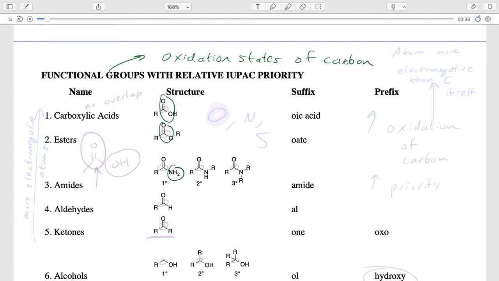And some people have asked, what determines the priority of the different functional groups? It's the oxidation state. The higher the oxidation state of carbon, the higher the priority.